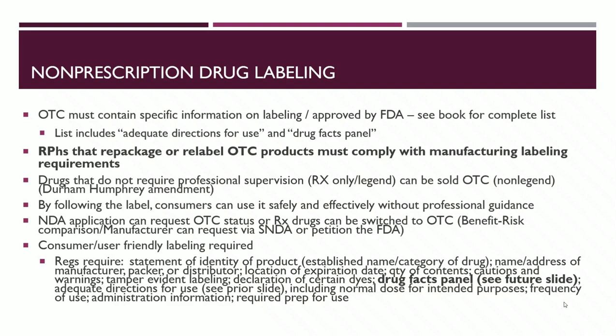So it has to be proven that can be done. But the labeling has to be able to meet requirements for that lay person, and certain information has to be on there. I do kind of clump it all together on there. The book has a nice longer list, if you will, that separates it out a little bit. Probably want to look at that a little bit better in terms of spacing it out.